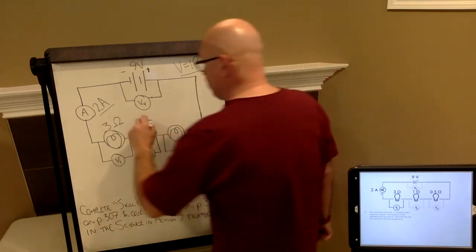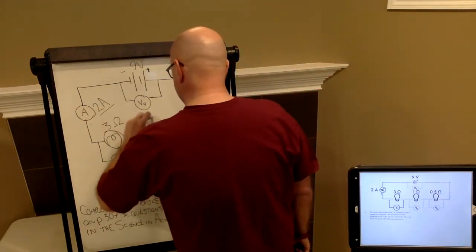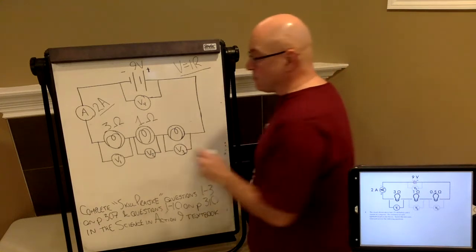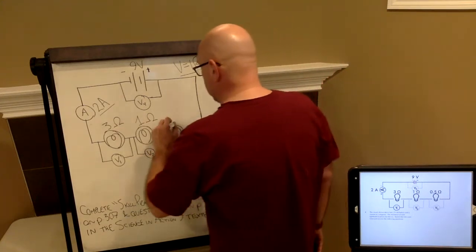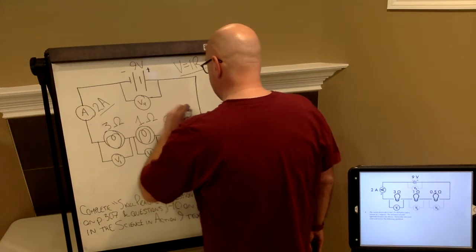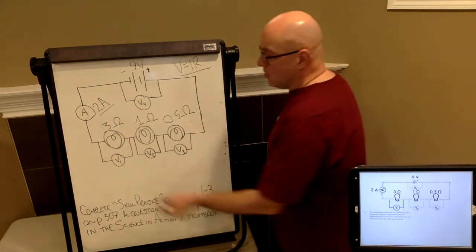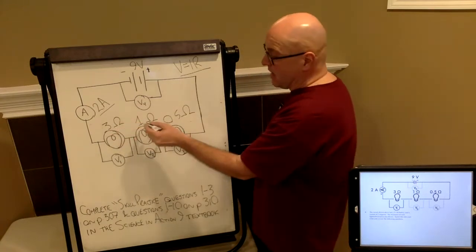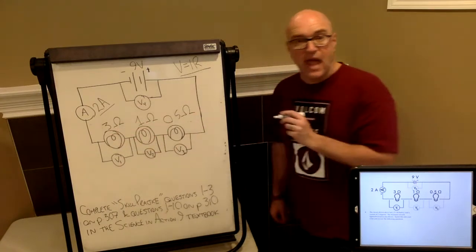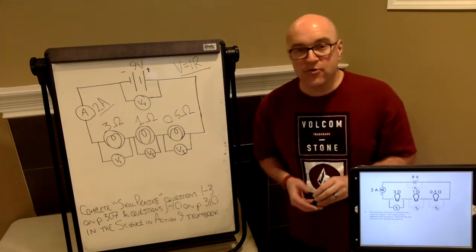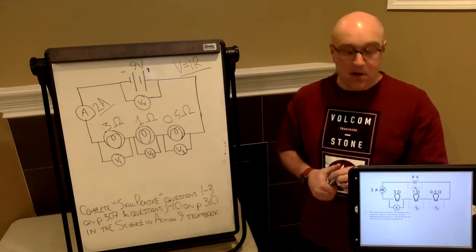The resistance of light bulb 2 is going to be 1 ohm, and the third light bulb is going to be 0.5 ohms. So I've got 3 light bulbs, one with a 3 ohm resistance, second one has a 1 ohm resistance, and the third one has a half an ohm resistance. So those are the resistances of the 3 loads on the circuit.